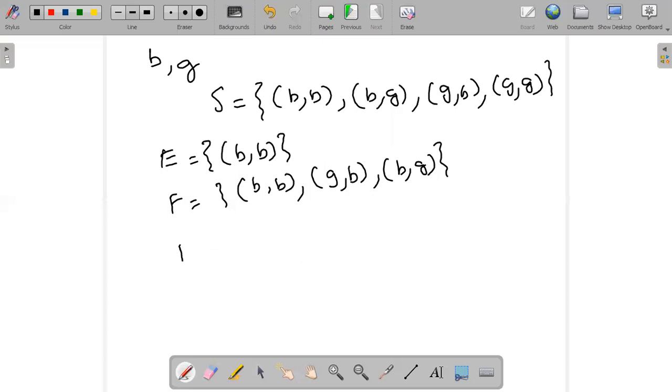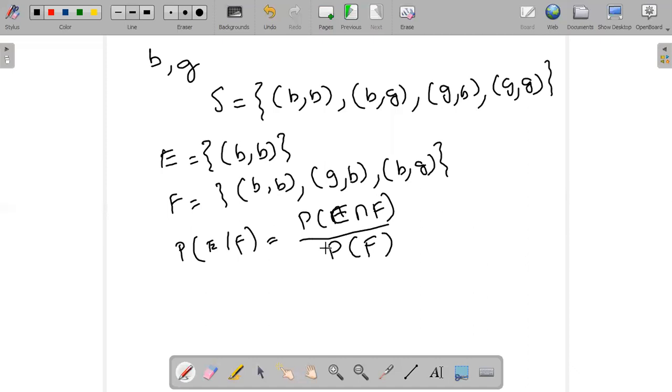So you have to find the probability of E given F, which is P of E intersection F divided by P of F. Can you tell me E intersection F? Yes, it's BB.